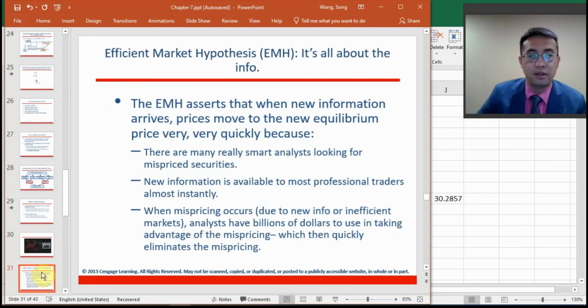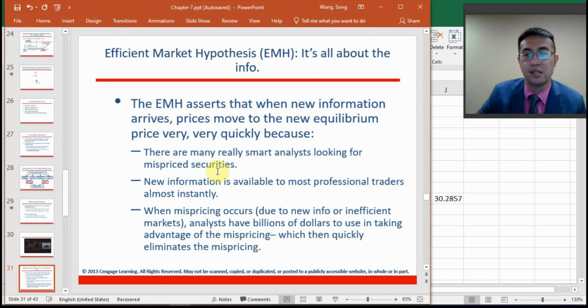And in the efficient market hypothesis, if new information arrives, prices would move to the new equilibrium very, very quickly because there are so many smart traders and smart analysts looking for mispriced securities. If the securities are overvalued, they would sell the security or short sell the security.